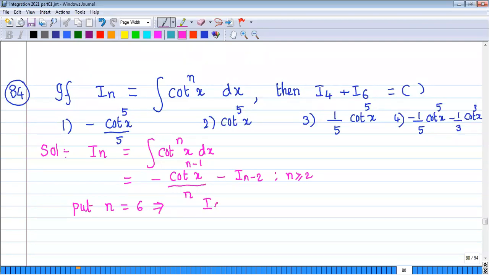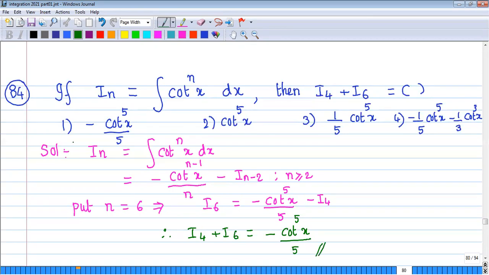So I6 equals minus cot x to the power of 5 upon 5 minus I4, since 6 minus 2 is 4. Bring I4 this side. So therefore I4 plus I6 equals minus cot x to the power of 5 by 5. So first option is the right option.